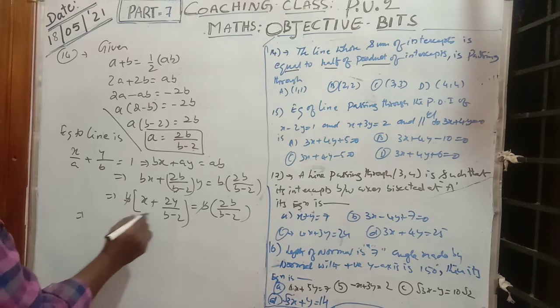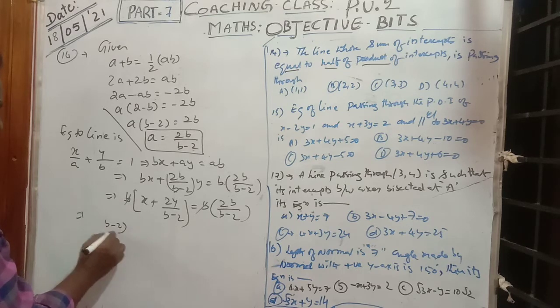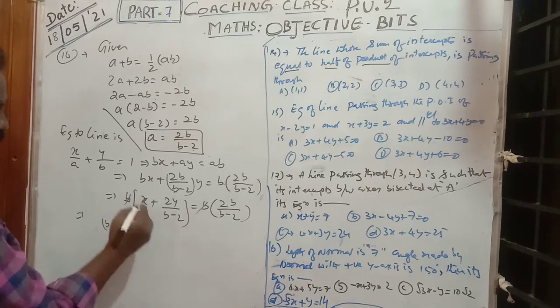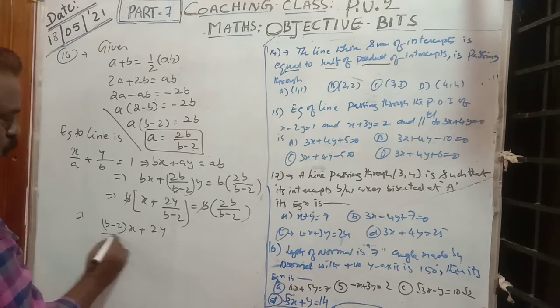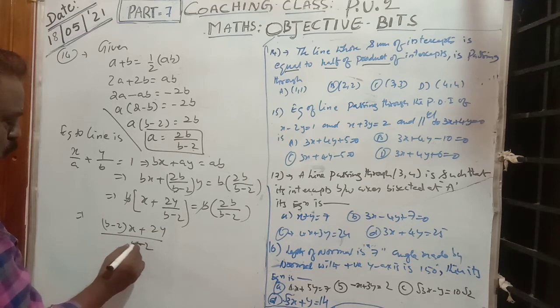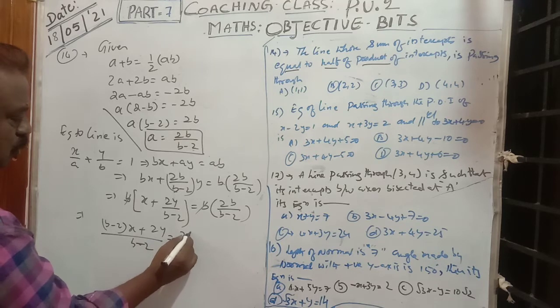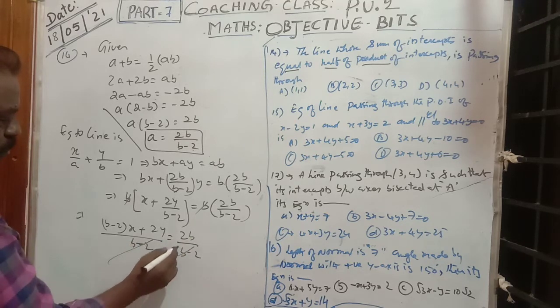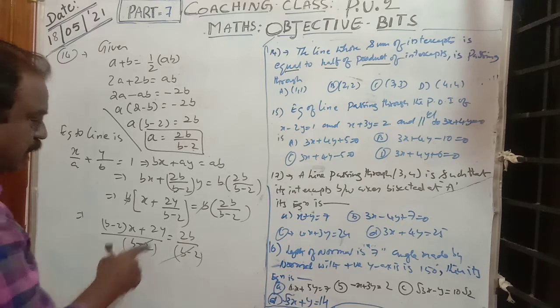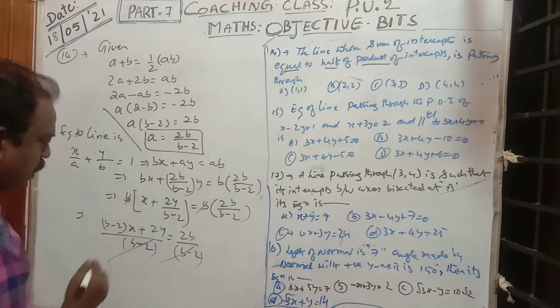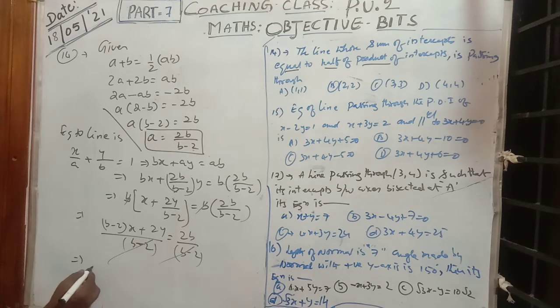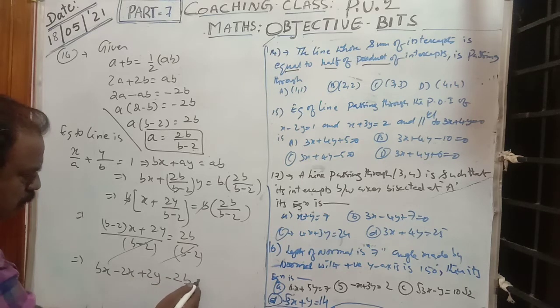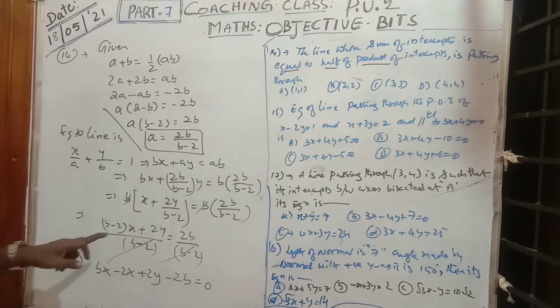So making LCM, it is B minus 2 x plus 2y by B minus 2 is equal to 2B by B minus 2. So again B minus 2 also cancels after making LCM. Now it is Bx minus 2x plus 2y minus 2B is equal to 0.